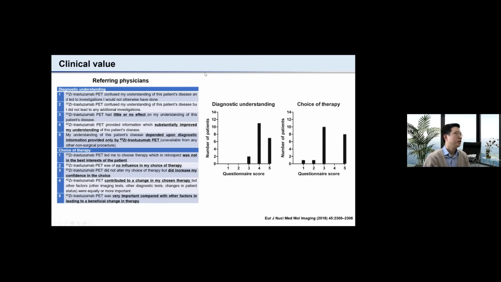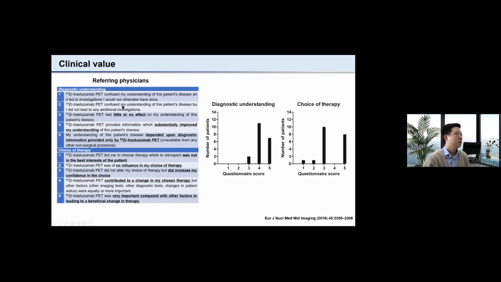And then they asked the referring physicians these two questionnaires. One is diagnostic understanding after PET imaging, and the second is choice of therapy.